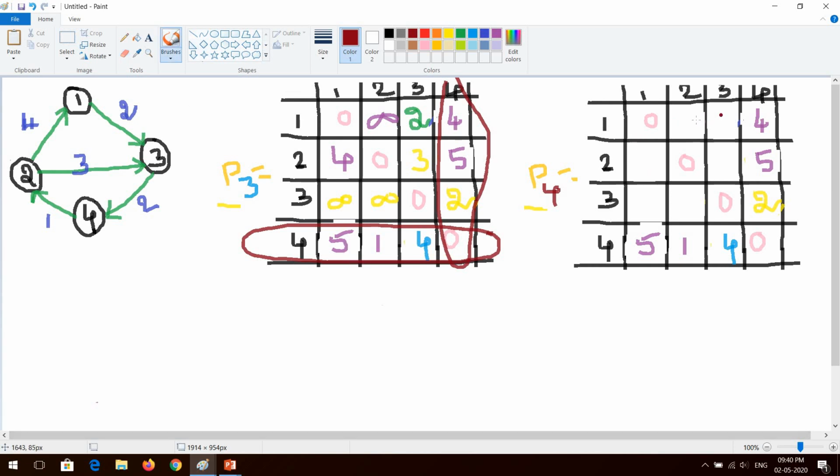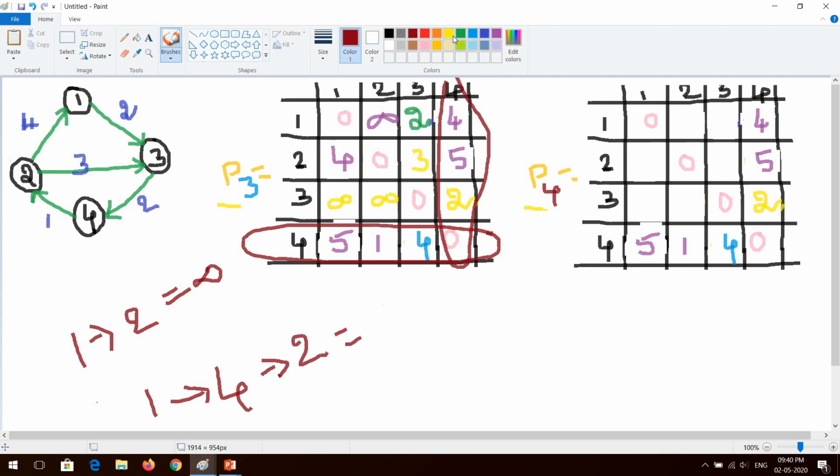Now, 1 to 2. Is there any path? Already we have infinite over here. So let us see what is happening. So 1 to 2, we have already infinite. By means of intermediate 4, 1 to 4, 4 to 2.